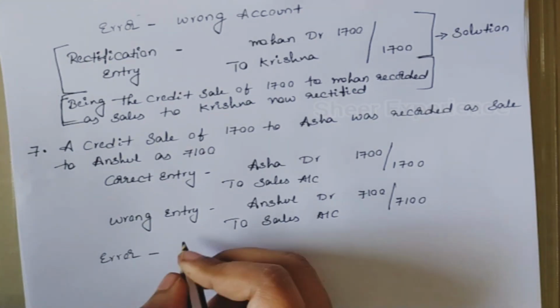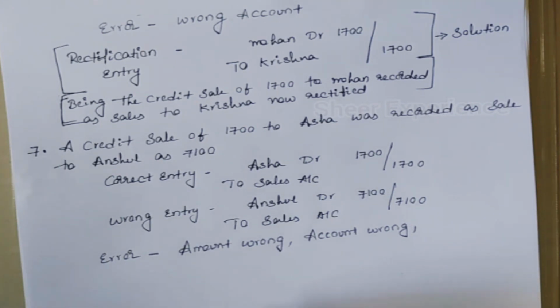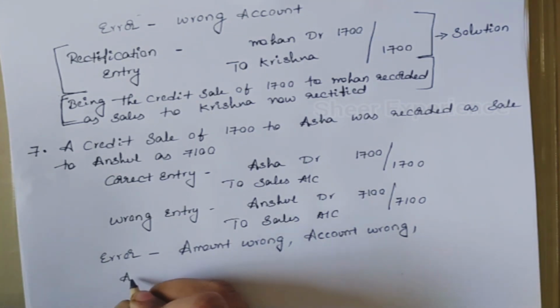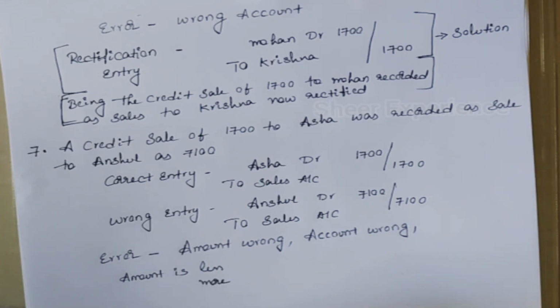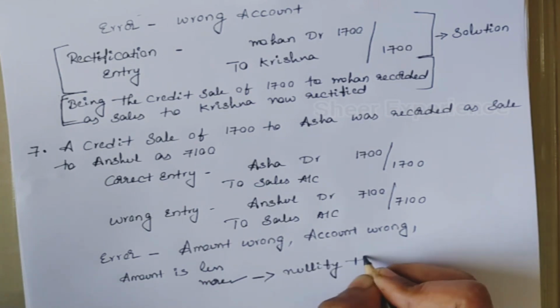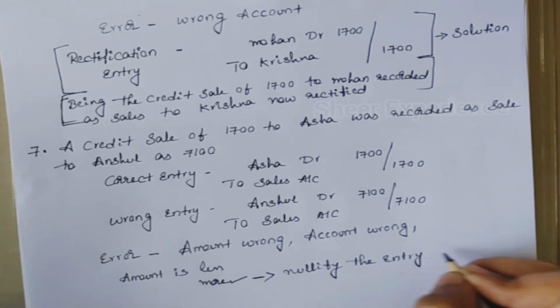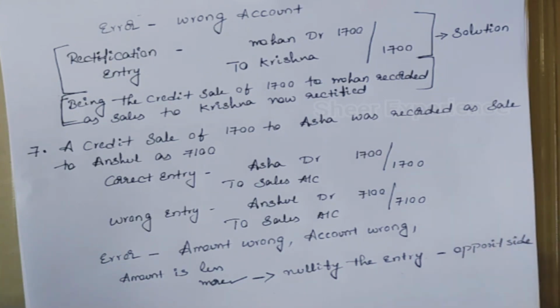In this case, we have two errors. One is wrong amount, another one is wrong account. First, we will check if we have recorded less amount or more amount. We have recorded more amount, that is 7,100 instead of 1,700. Whenever we record more amount, we should nullify the entry.